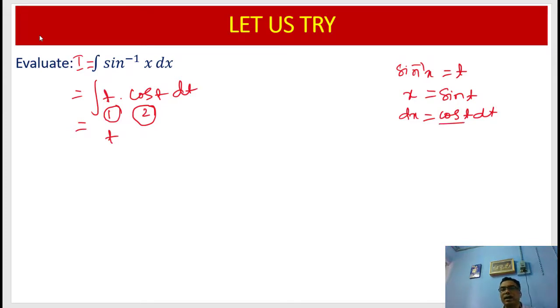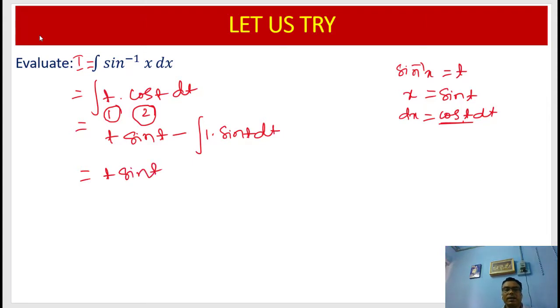I got cos t from differentiating sin t. So integration of cos t is simply sin t, minus whole integration of derivative of first, which is 1, and integration of cos t, sin t.